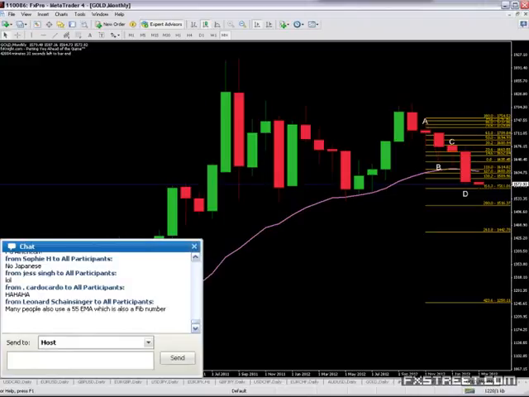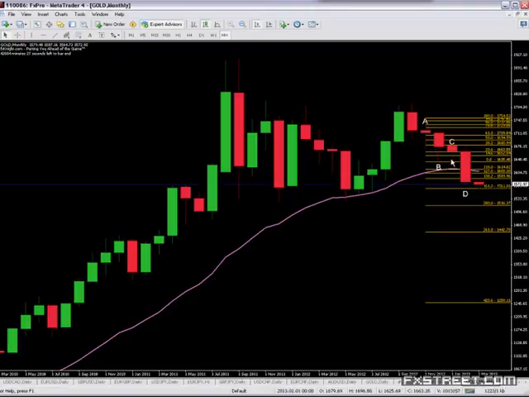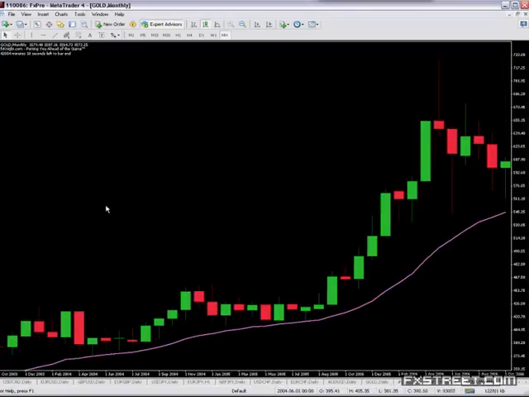Some use 55? Sure, absolutely. Also not a bad one. But much of the news has been the fact that we just closed the monthly candle yesterday, and it closed below the monthly 21 for the first time, you guys. Honestly, in years. So that's what has technical analysts spooked.